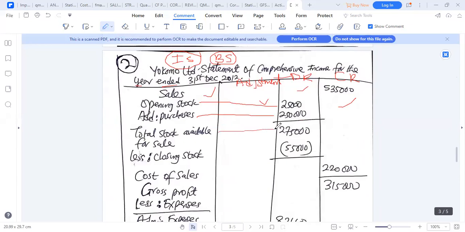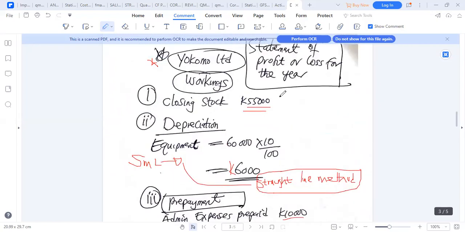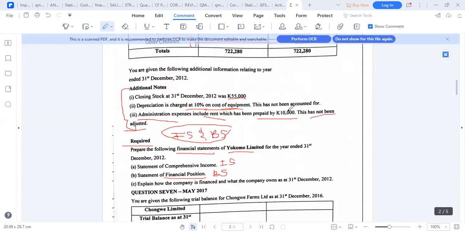Now, we sold some of them and remained with the closing stock of 55,000, which we can see from the workings or from the additional information here, where we are saying closing stock is 55,000.